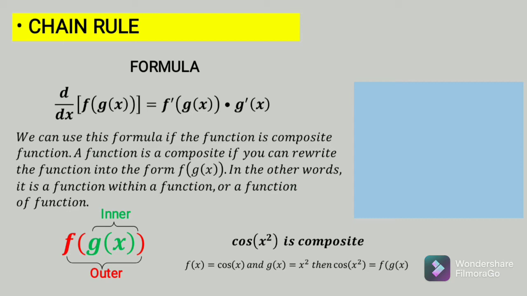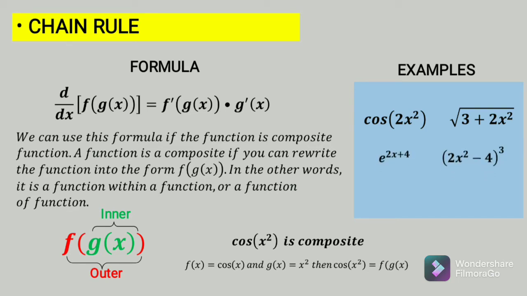Other examples of expressions where the chain rule is applicable: cos of 2x squared. 2x squared is our inner and cos of x is the outer. Square root of 3 plus 2x squared, where 3 plus 2x squared is our inner and the square root of x is our outer.